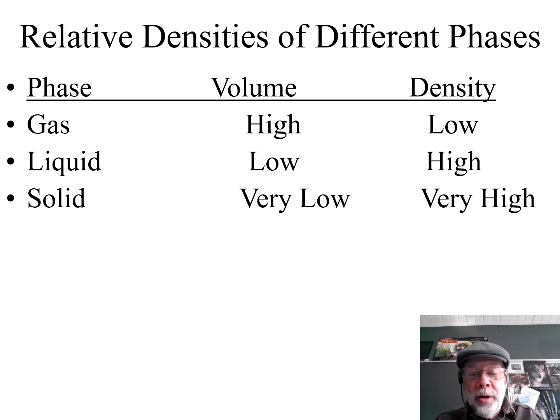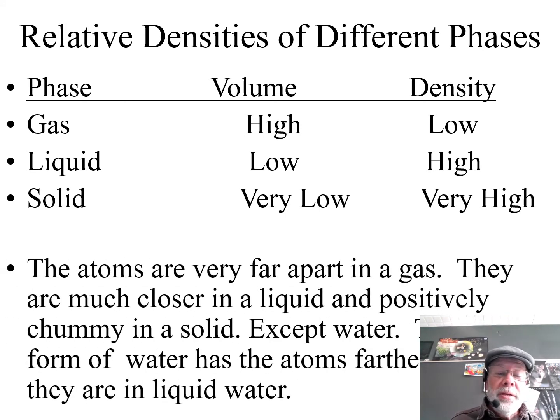It's shrunk down a great deal, and the density is very high. So the atoms are very far apart in a gas. They're much closer in a liquid, and they're positively chummy in a solid, really close in a solid. Now, except water. Water is the only substance that does not follow this rule. The solid form of water has the atoms pushed further apart than they are in liquid water.